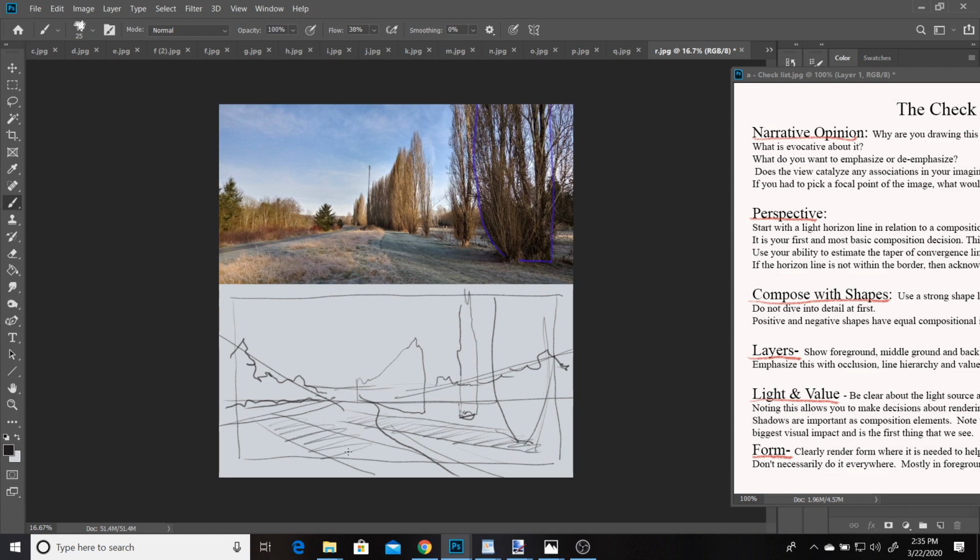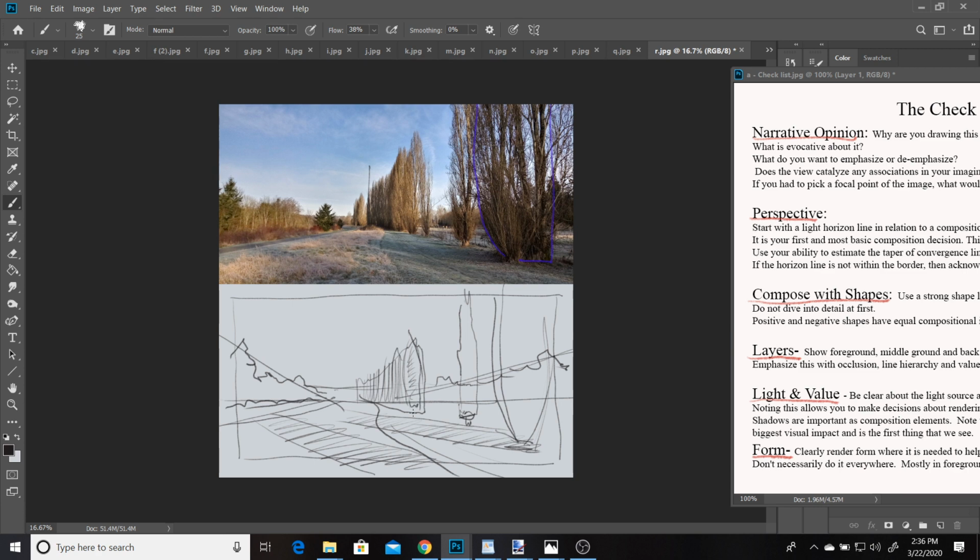Shadows are very powerful in terms of making things appear real. And then I'm dealing with light and value. Where's the light source? I've already showed it there, but in these objects here, this line of poplars, I can say, well, this line is dark. And then on this side, we start to see some of the light.